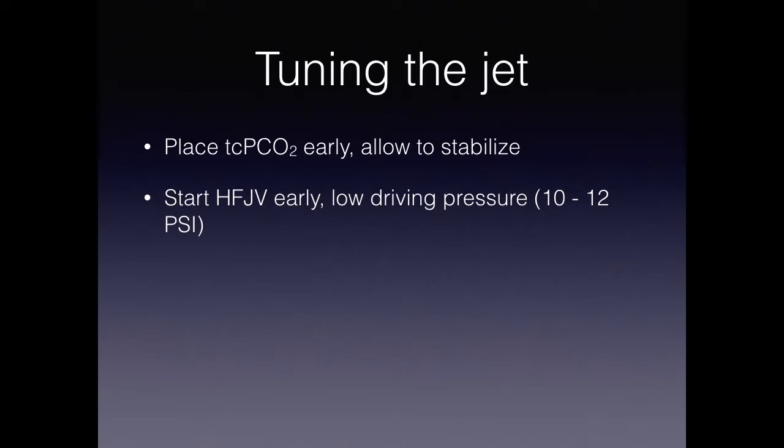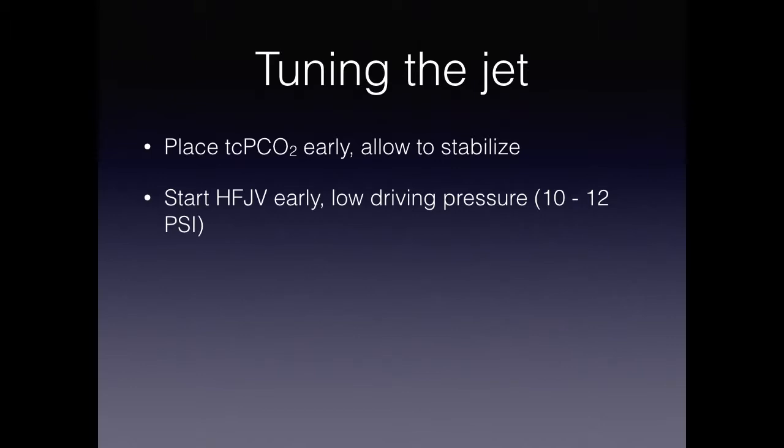I start the high frequency jet ventilation the earliest I possibly can, at a low driving pressure. These numbers won't mean much to you because you've never played with a jet ventilator, but I'm going to turn it down fairly low, 10 to 12 pounds per square inch driving pressure.